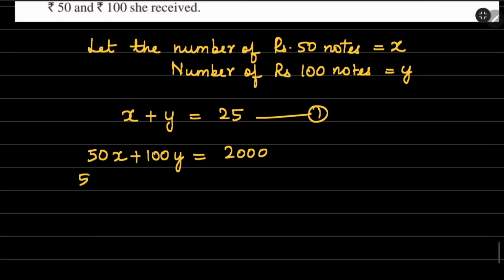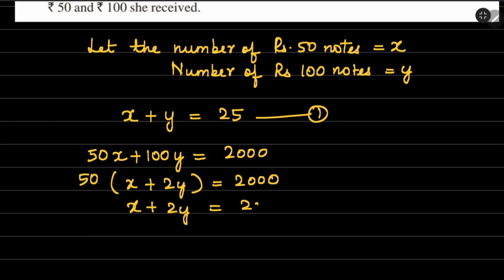You can take 50 common out. So you have X plus 2Y is equal to 2000 divided by 50. When you cancel it, 5 4s are 20, you'll be getting 40. So this is your equation 2.